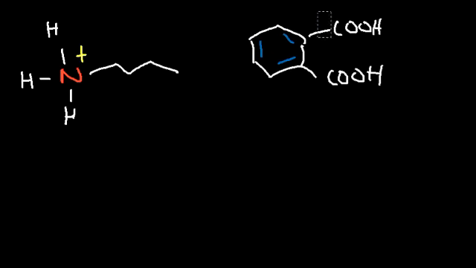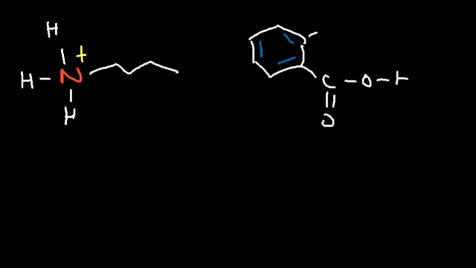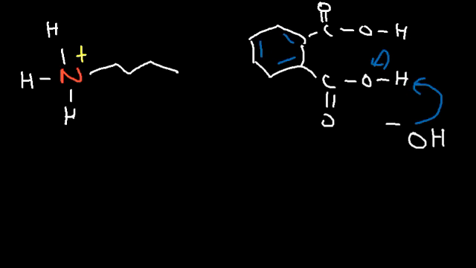So in step 4, we're going to add potassium hydroxide. The hydroxide ion will deprotonate the carboxylic acid. The carboxylic acid is a weak acid, and hydroxide will immediately get rid of these hydrogen atoms, generating water.